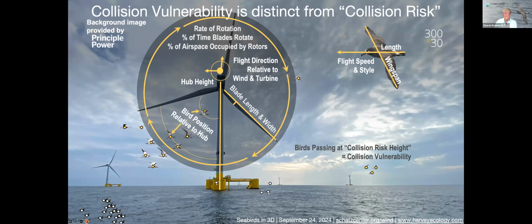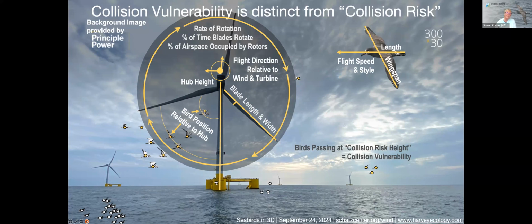There's other properties of the birds you have to know, and this includes information like their length, their wingspan, how fast they are flying, and what is their flight height and flight style. So these are physical properties of the birds themselves. And then the next slide, we'll also touch on interactions between them. So what is their flight direction relative to the wind and the turbine itself?